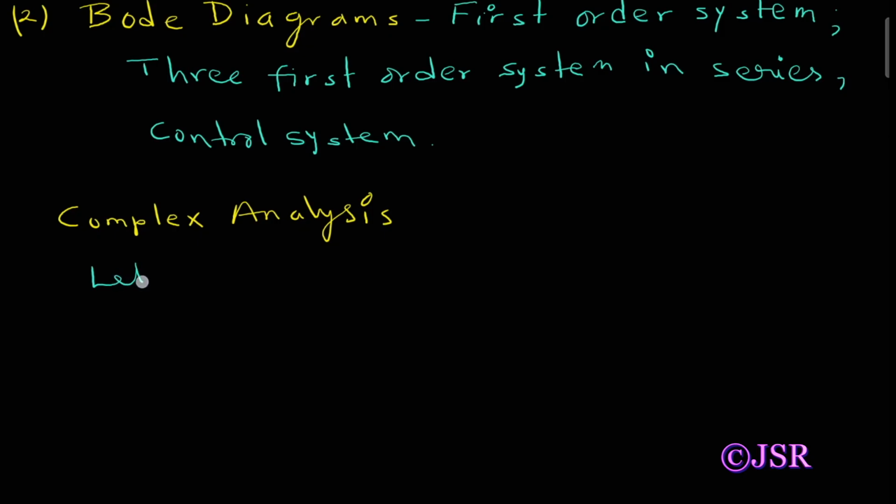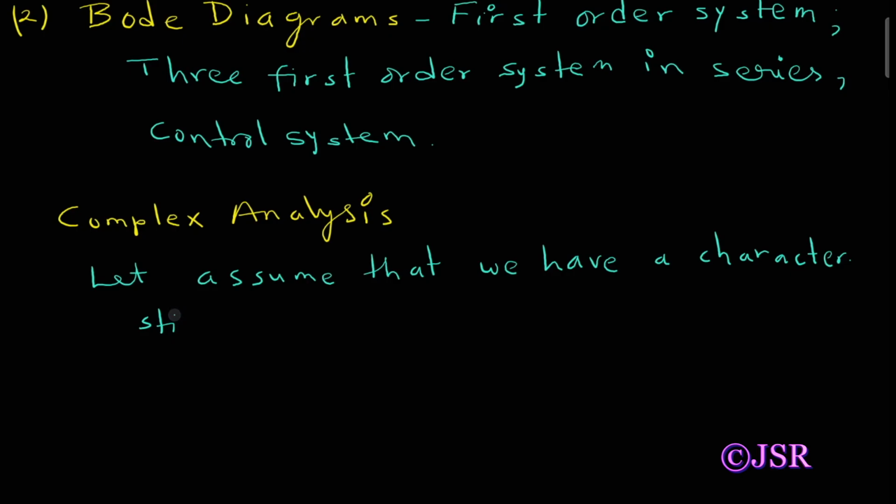So let's assume that we have a characteristic equation as following: S square plus 1 equal to 0.